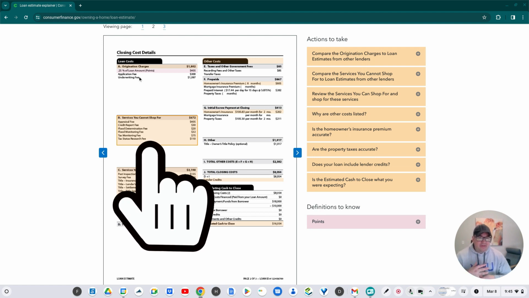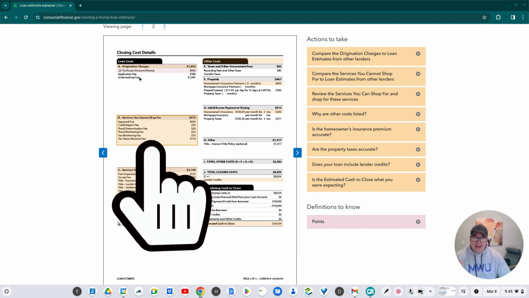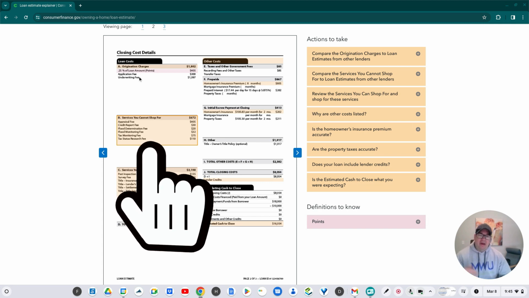Then section B, some brokers charge. Section B are third-party fees, meaning that a lender or broker can only charge what is being charged to them. They can't take the appraisal fee and add money to it like they're making an extra amount off the appraisal. It's just the actual cost.